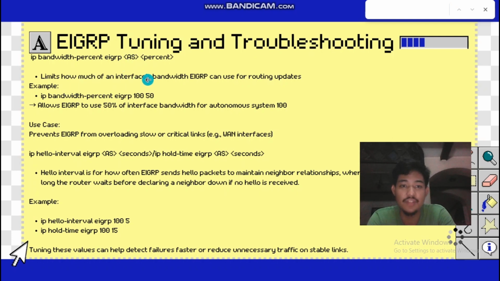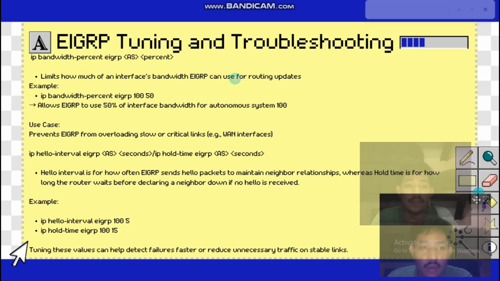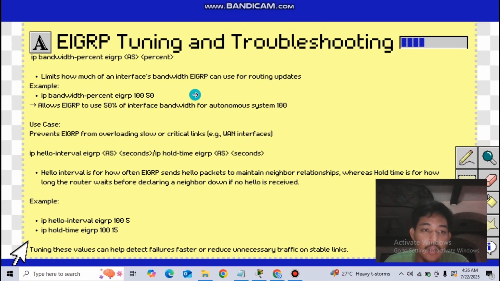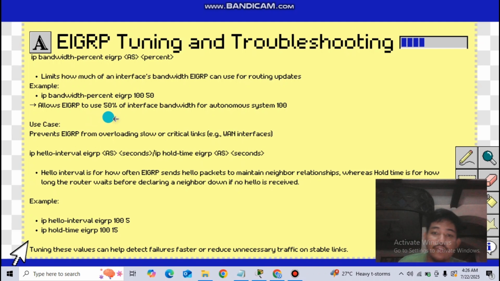This limits how much of an interface's bandwidth EIGRP can use for routing updates, so use this command to set boundaries for routing updates. The sample command over here is ip bandwidth-percent eigrp 100 50. Basically, process 100 is only allowed to use 50% of the interface bandwidth.